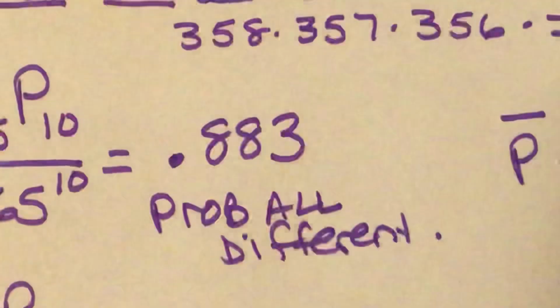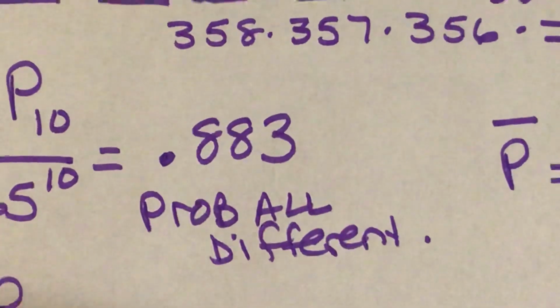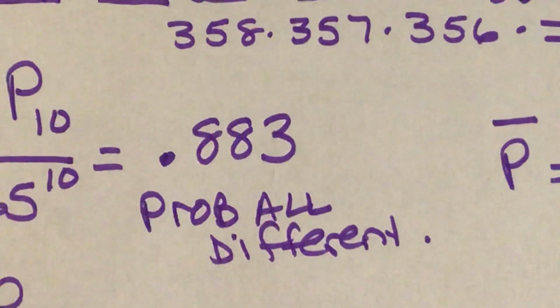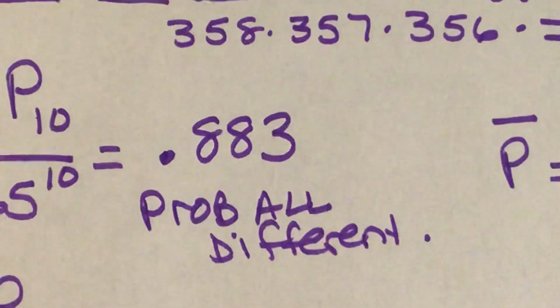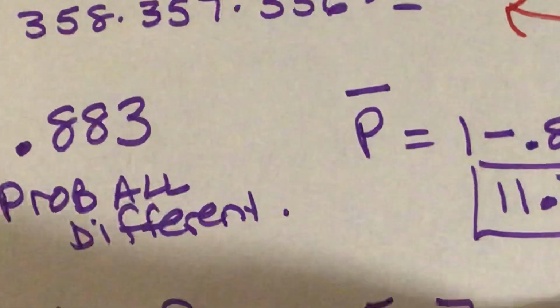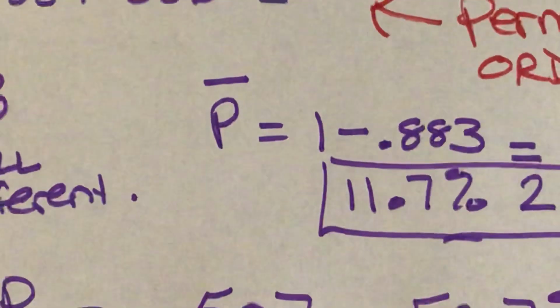So 1 minus the probability is 0.507, or a 50.7% chance.